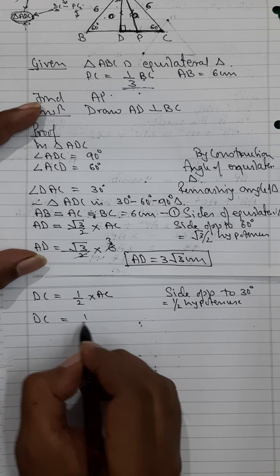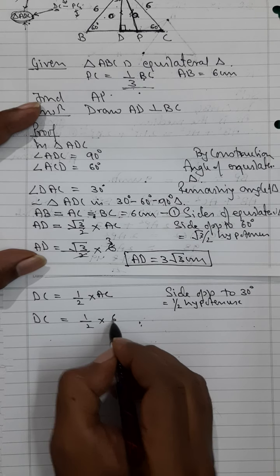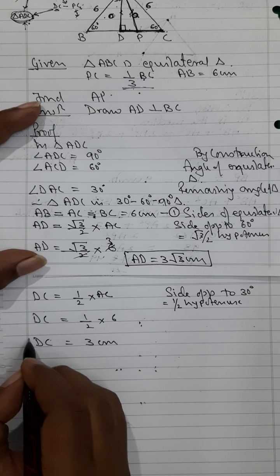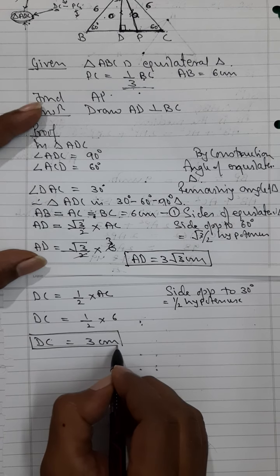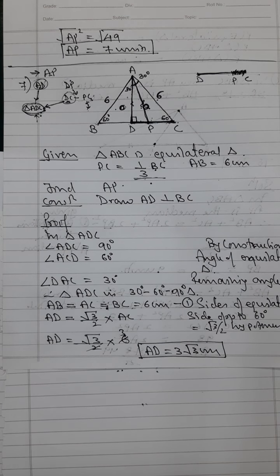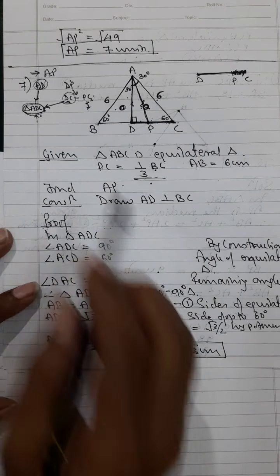So DC will be equal to half of AC, which is 6. So DC will be equal to 3 centimeter. So you have got DC also. Fine. And now what you will require to find is PC.